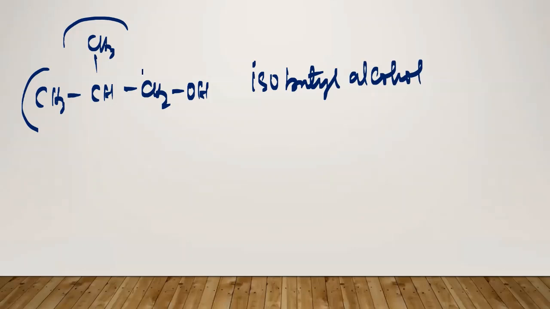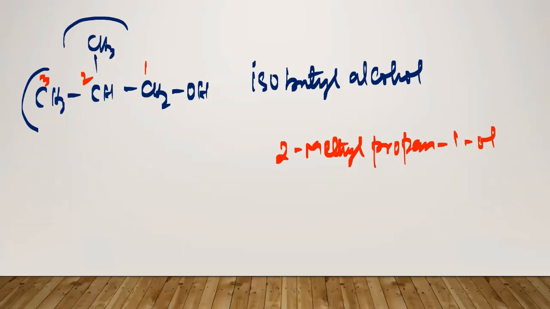And the IUPAC naming will be like this. Numbering should start from the side of the functional group. Where the functional group is closest, you have to start numbering from there. 1, 2, and 3. On the second carbon, you will have a methyl group. So it will become 2-methyl. Total carbons are 3. So propan-1-ol. So my dear friends, you have understood this.